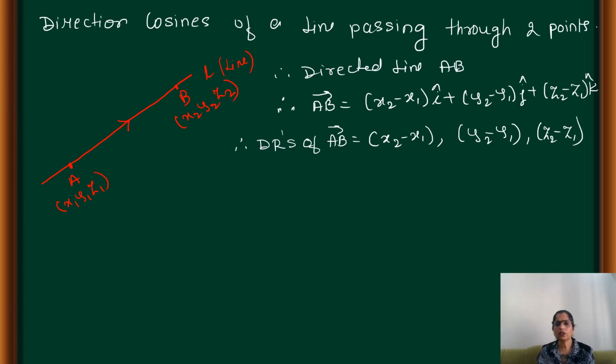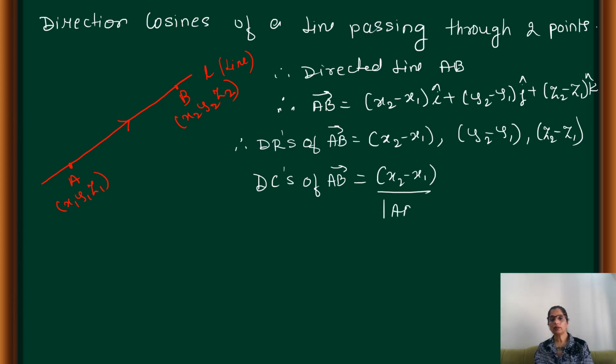Then what are the direction cosines? Direction cosines of AB vector will be x2 minus x1 by magnitude of AB vector, then y2 minus y1 by magnitude of AB vector and z2 minus z1 by magnitude of AB vector.